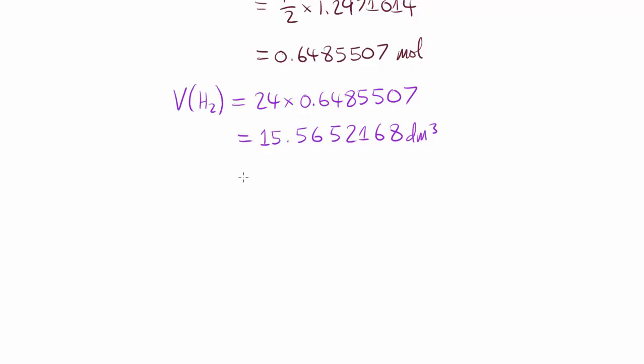So we need to round this, so that would effectively be 15.57 decimeters cubed, to 2 decimal places. So this would be our volume of the hydrogen.